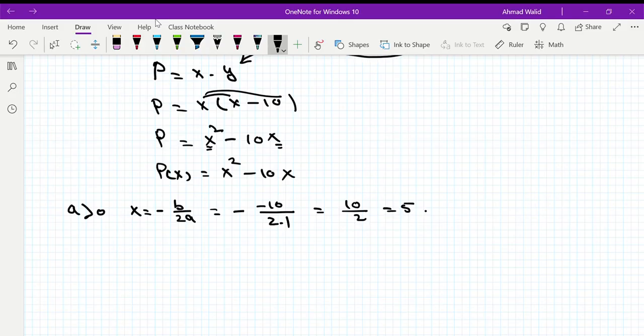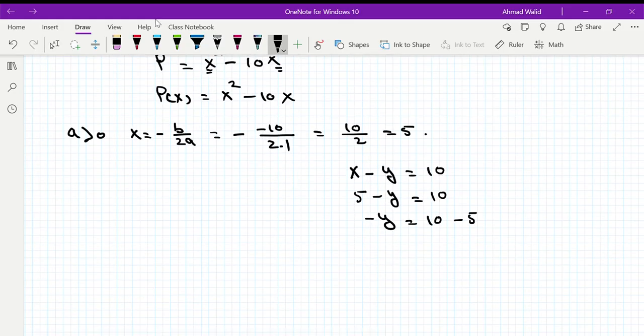What is the second number? To find the second number, you have x minus y equals 10. If you plug in the value of x here, it gives you 5 minus y equals 10. It means negative y equals, bring 5 to this side, 10 minus 5.